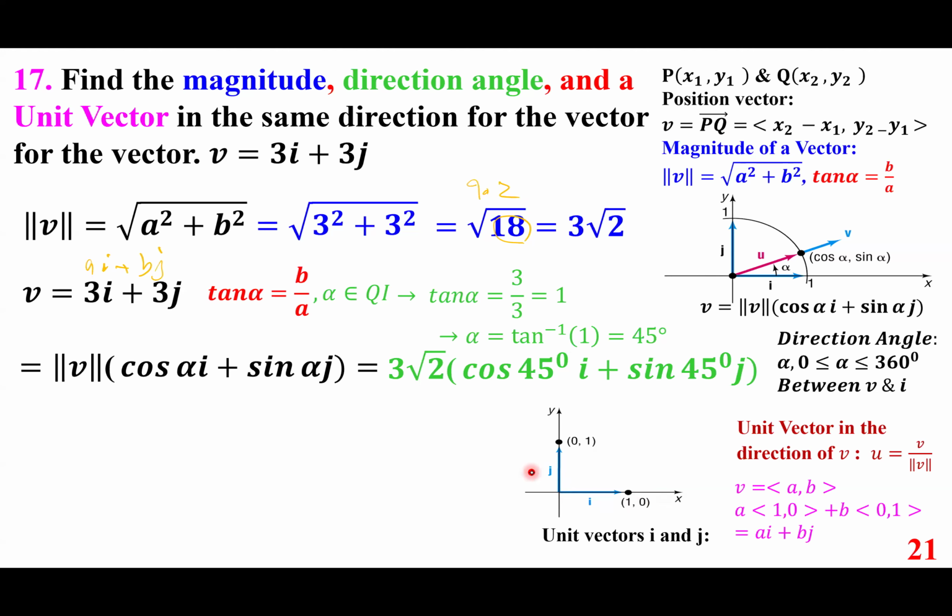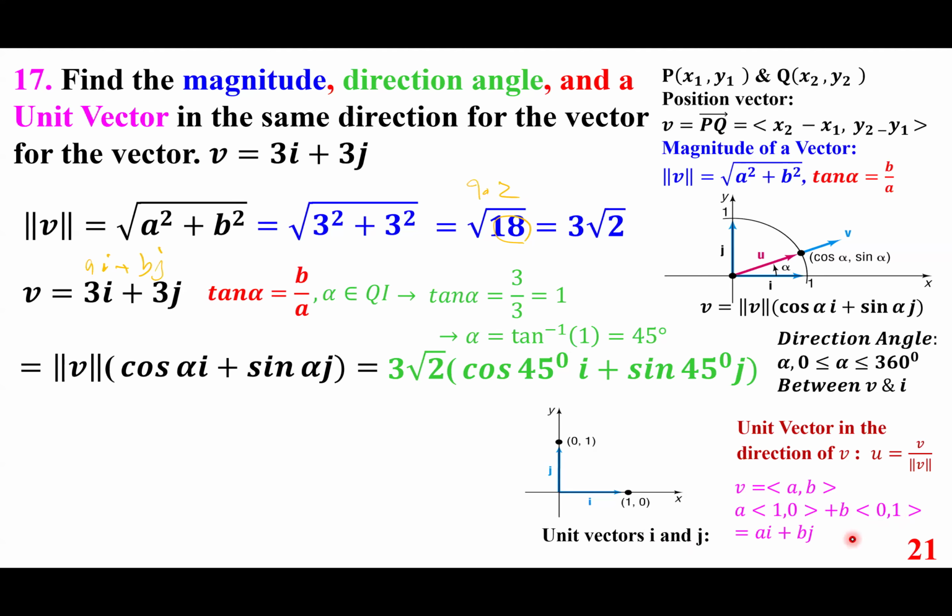Unit vector in the direction of v would be v divided by its magnitude, because if you do that, then the magnitude changes to 1. Now, v with components a, b is a times 1, 0 plus b times 0, 1. 1, 0 is the i vector, the unit vector along the x-axis. 0, 1 is the j vector, the unit vector along the y-axis, ai plus bj.